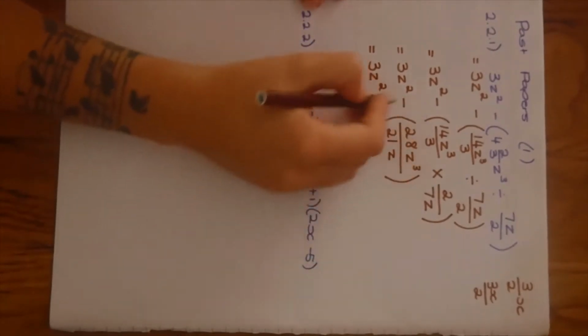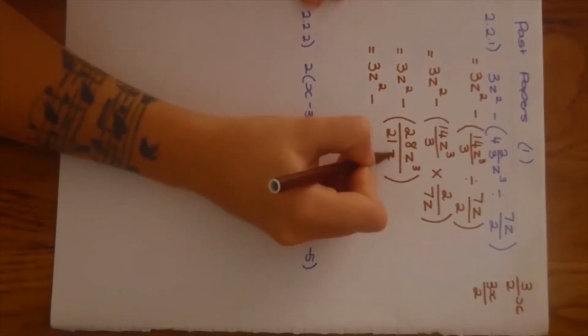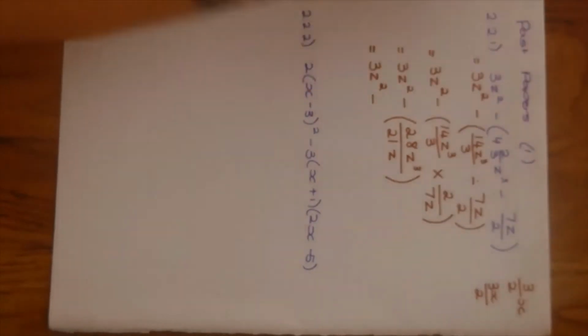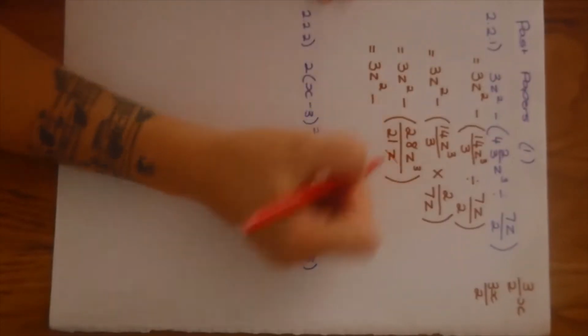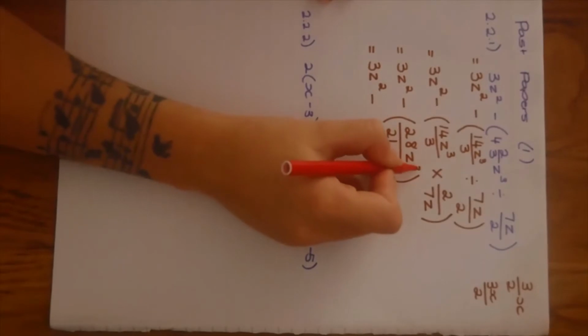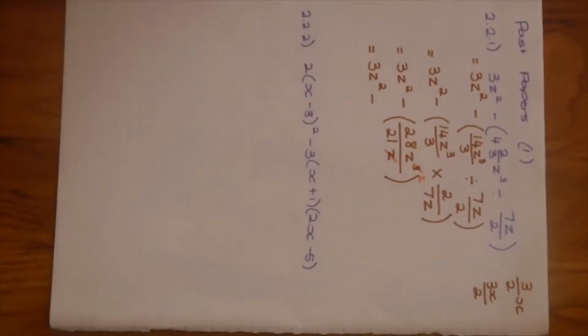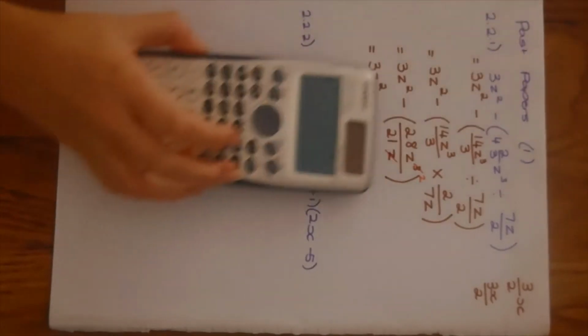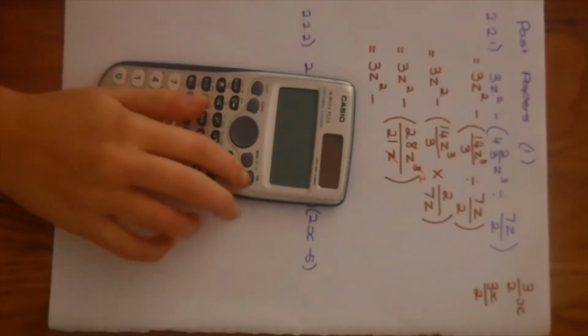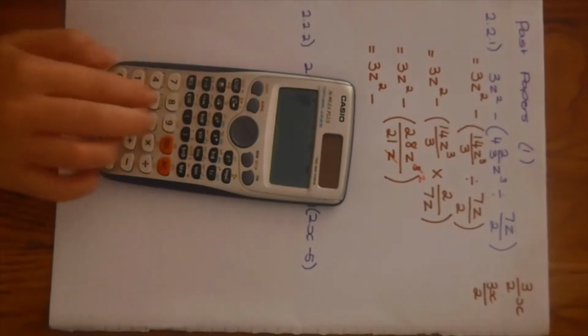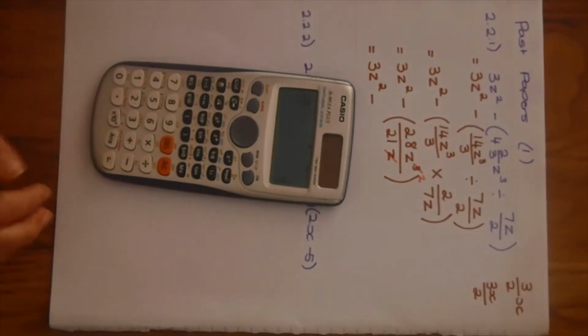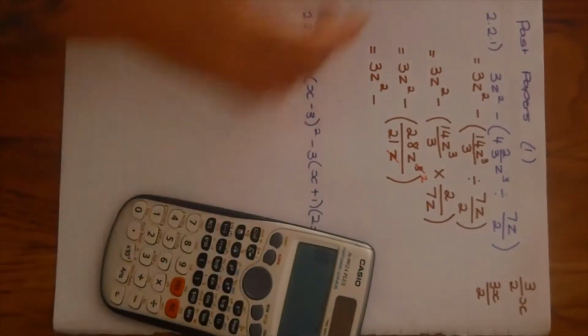But first of all, if I look here in this bracket, do you agree with me? One of these z's can cancel with one of those z's. So if I cancel one of them, I'm left with z squared, right? And then the other thing that you can do is check 28 over 21. Can it simplify? It simplifies down to 4 over 3.